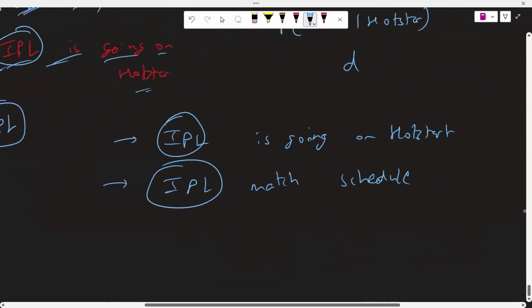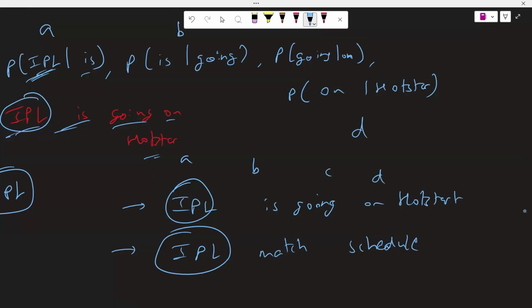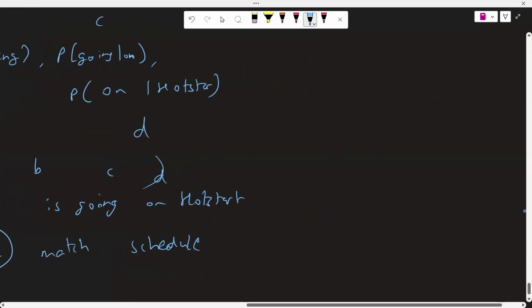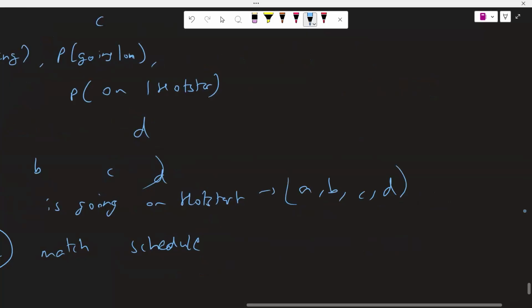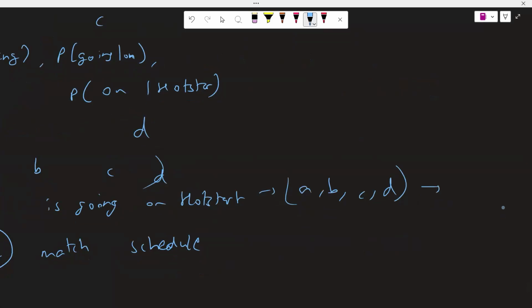Over here, again, we'll find this. Over here, we found out the probability of A, B, C, and D, right? These were the four probabilities that we needed. Based on that, we'll multiply A, B, C, D to generate your final transition probability. So that product of all the transition probabilities will tell you the probability of that sentence.